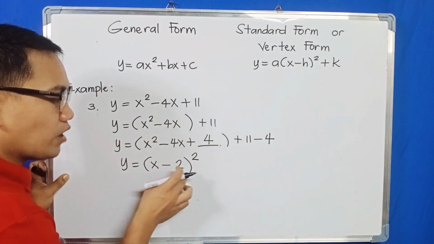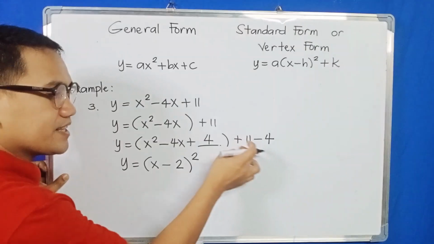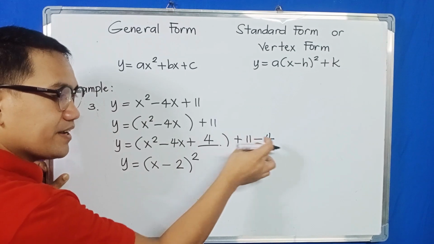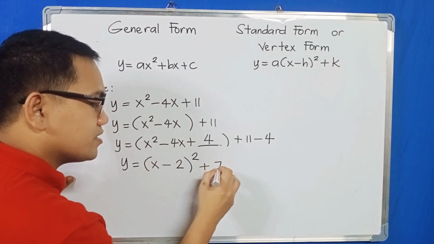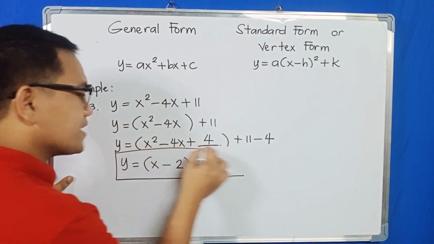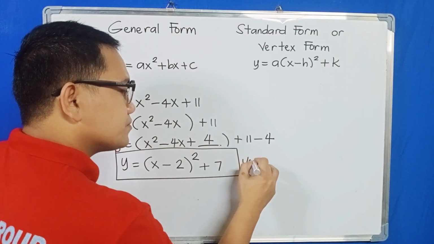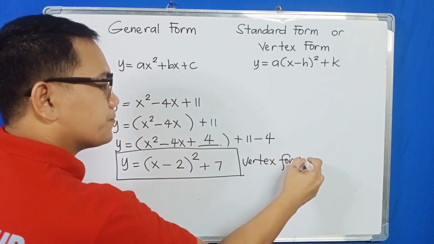So this would be the square of a binomial for x squared minus 4x plus 4. Then let us simplify 11 minus 4. So the result is positive 7. So this is considered as the vertex form of our given quadratic function.